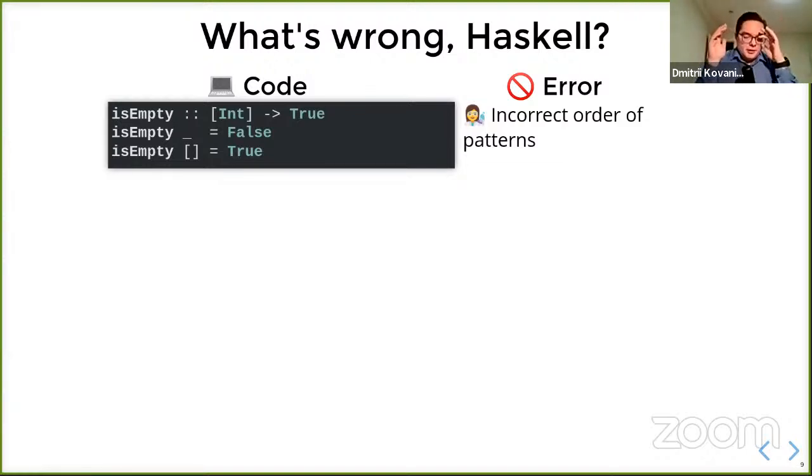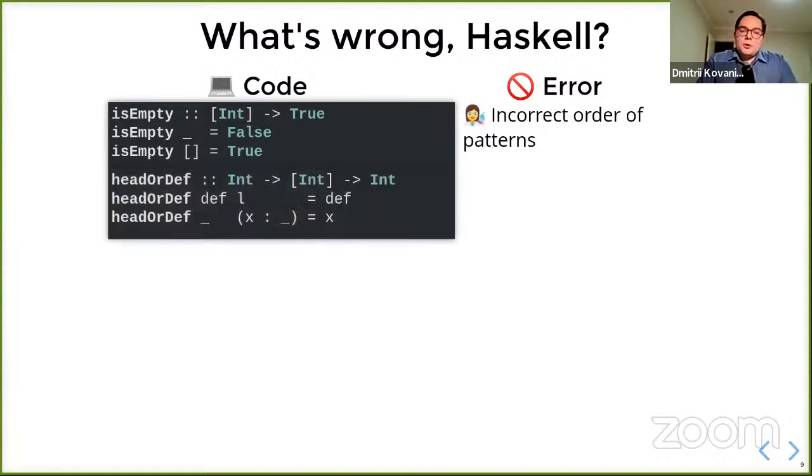In practice, it has some great optimizations to not do this if the meaning is preserved. But in reality, the patterns are checked from top to bottom. And if your first pattern is underscore, it matches everything. So actually, this function isEmpty will always return false on any list. So not really useful.